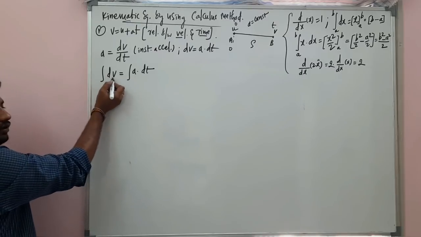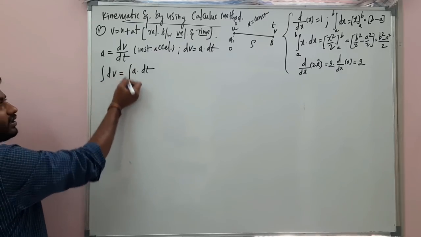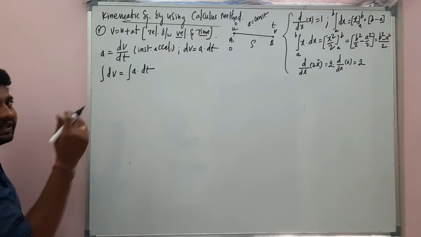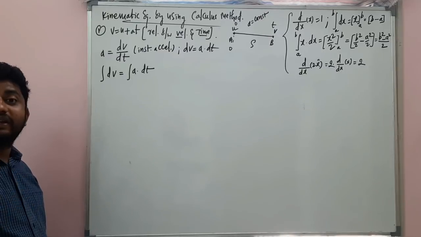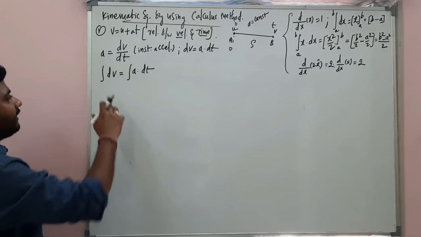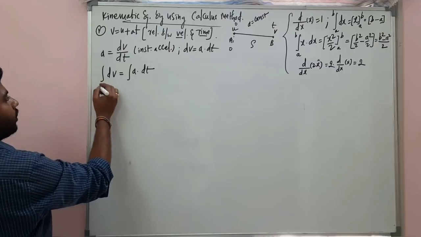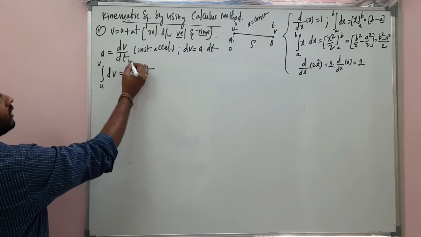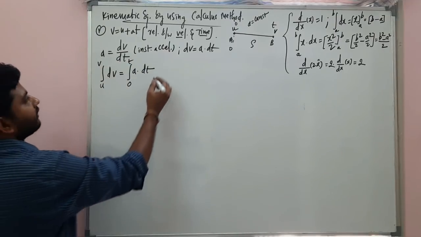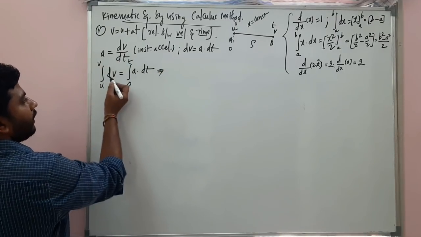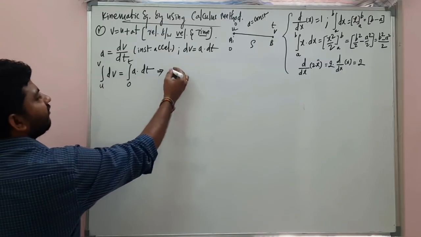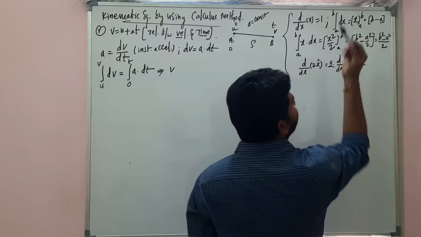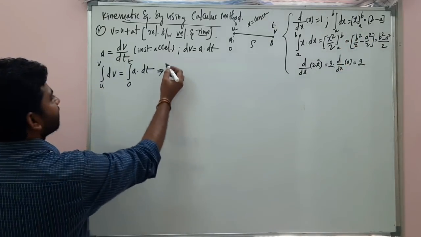The limits of velocity are u to v, and the limits of time are 0 to t. Integral dv is v, integral dx is x. Limits are also mentioned.